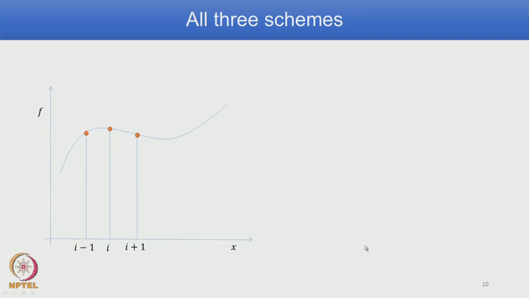So, if you put all the 3 terms together in graphical form to get an idea of how these are evaluated. What is shown here is the function on the y axis, that is f, and on the x axis you have x marked.